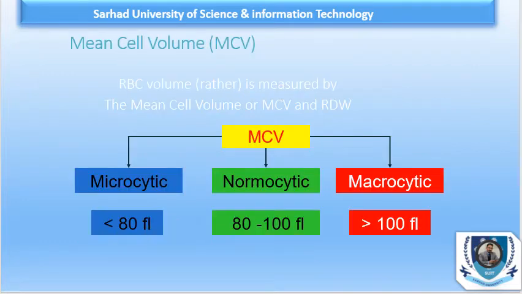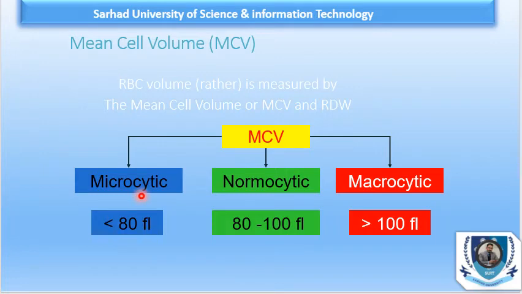Then here you will see that RBC size is measured by the mean cell volume and RDW. So MCV, if it is lower than 80 femtoliter, then we call it microcytic anemia. But remember that you will also focus on the slide, because if you have some abnormality in the CBC report, you must prepare a slide, make a peripheral smear, focus it under a microscope, and look for microcytes.